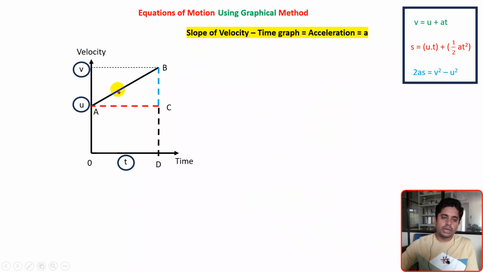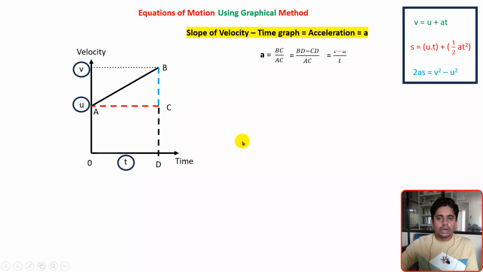For this velocity time graph that we have drawn here, the slope will give us the acceleration. Let us calculate that acceleration. Acceleration, or the slope of this line, is equal to BC divided by AC. So what is BC? BC is nothing but BD minus CD.